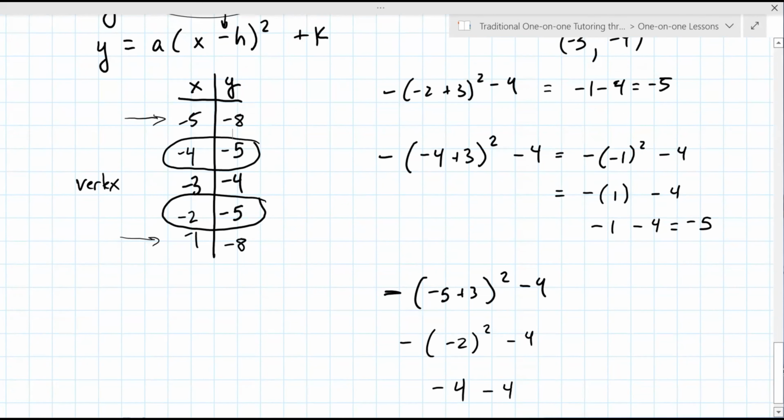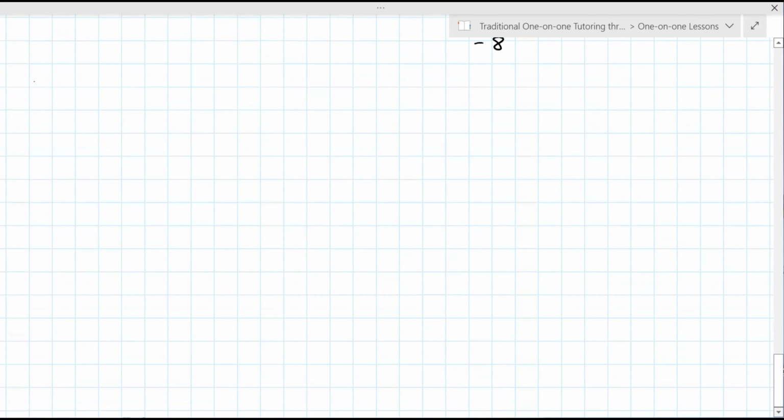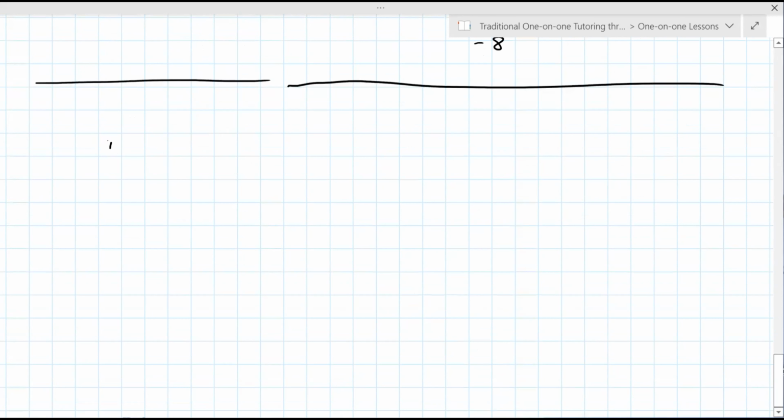Okay, let's transition to absolute value. Let me give you an absolute value function: 2 times the absolute value of x minus 4, plus 3. This problem has the same vertex form as a quadratic.